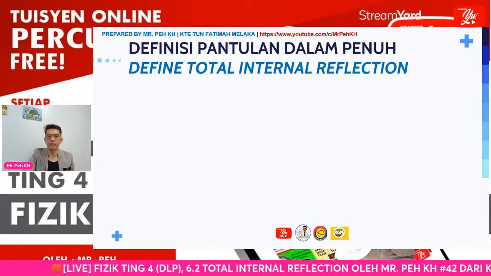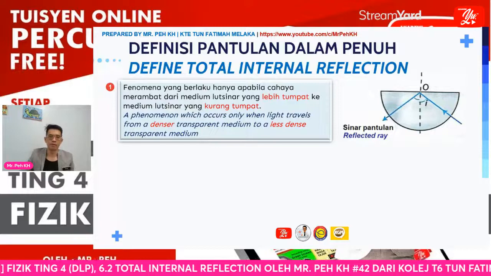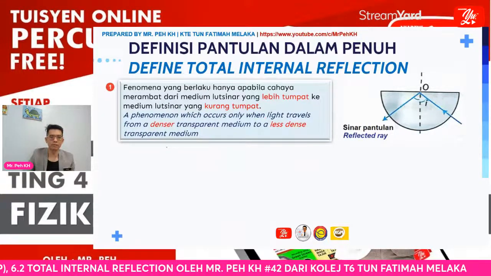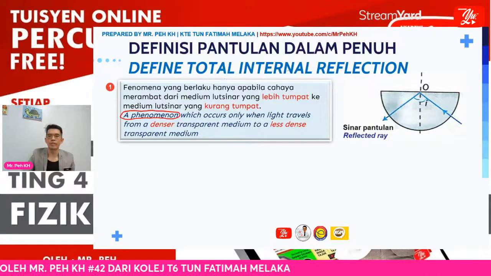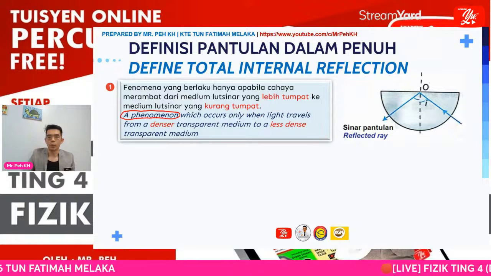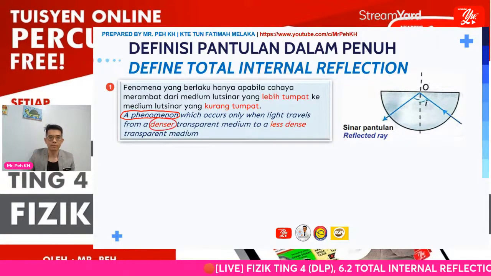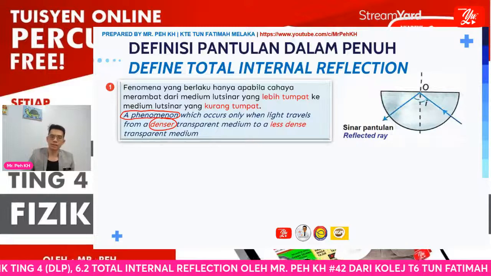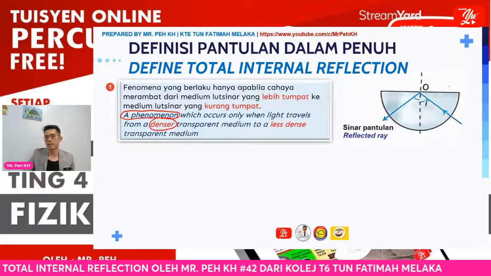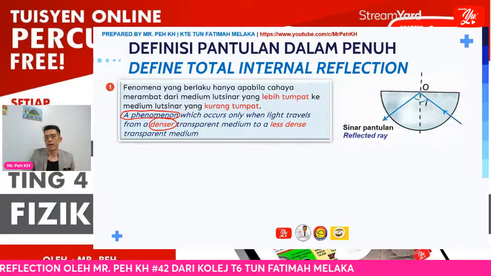The total internal reflection is defined as a phenomenon that occurs when light travels from a denser medium to a less dense transparent medium. It is the same as just now, just that total internal reflection occurs when the angle of incidence is greater than the critical angle.